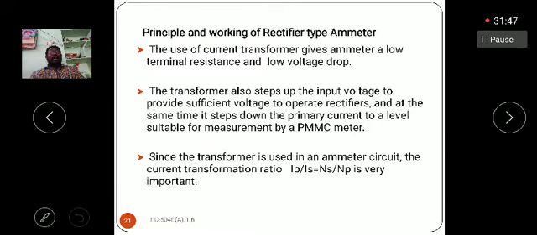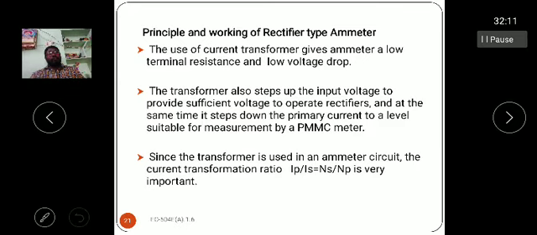Since the transformer is used in an ammeter circuit, the current transformer ratio is the primary winding current Ip divided by the secondary winding current, equal to the number of turns in the secondary winding divided by the number of turns in the primary winding.